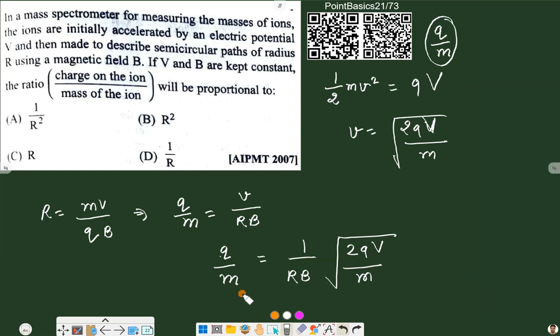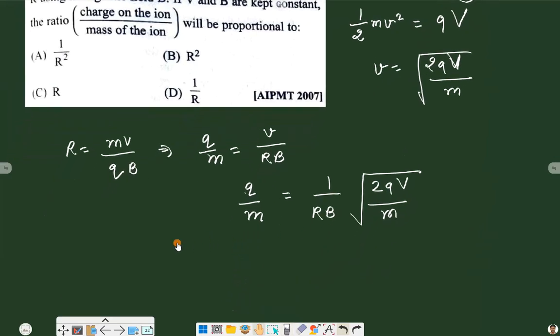So what we do, we square both sides. Let's square them. So q square by m square is equal to 1 by r square B square times 2qV by m. That q square gets cancelled, that m is cancelled.